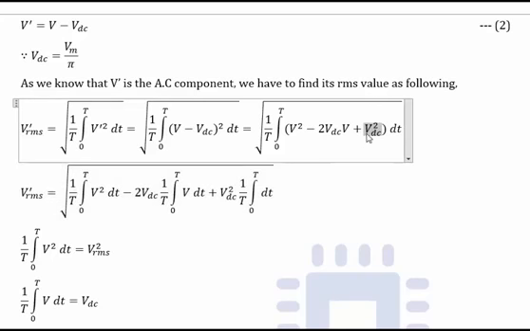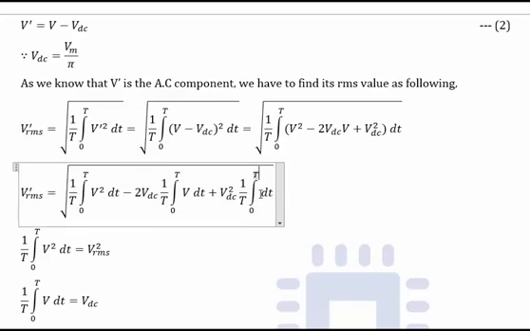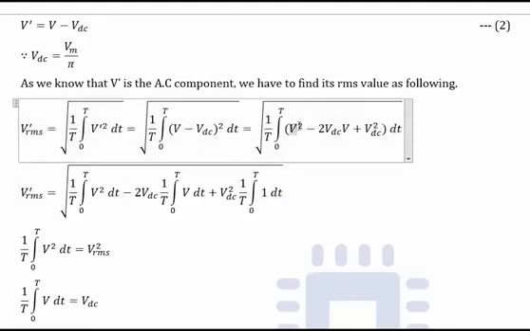Since it is constant, it can be taken out of the integration, so the integration will be 1 upon T, and here it remains 1 dt. For the first term, the integration is 1 by T of V square dt, because V is a variable changing from 0 to T. The second term is 2 VDC, because VDC is constant and taken out of the integration, times 1 by T, integration 0 to T of V dt.